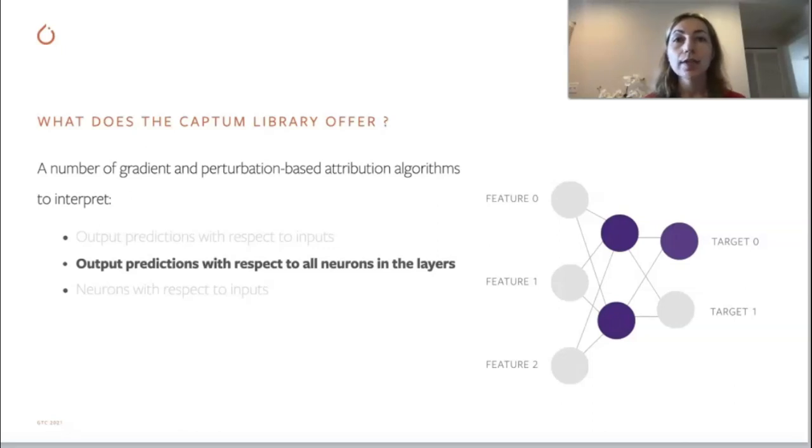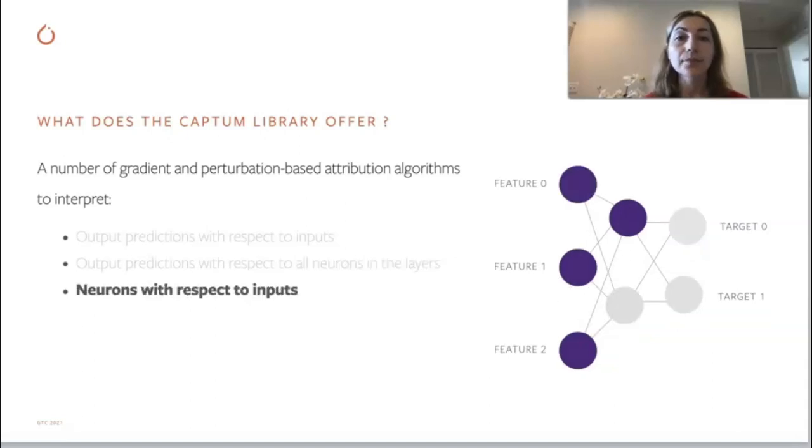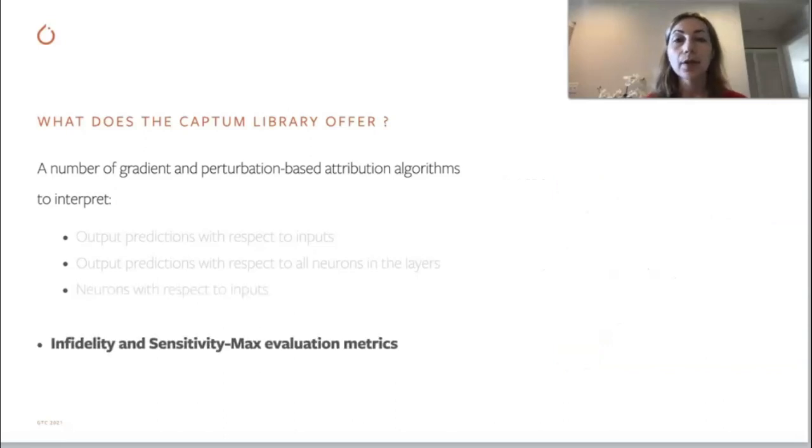These are approaches such as layer gradients, layer integrated gradients, or neuron ablation, as we also discussed in the previous slides. Lastly, the third group of attribution algorithms allows us to attribute any internal neuron to the inputs of the model. Apart from this, the library also offers two evaluation metrics, infidelity and sensitivity max. These two methods we also introduced in the previous section.